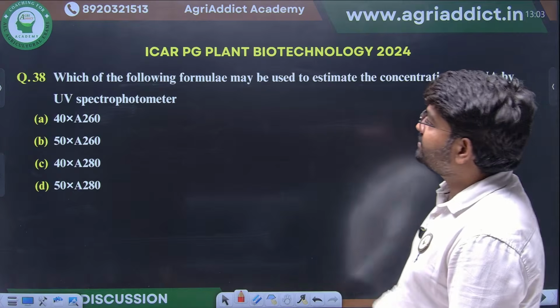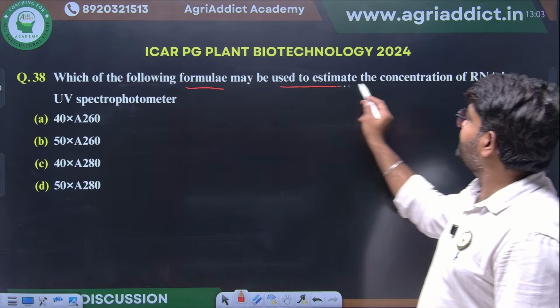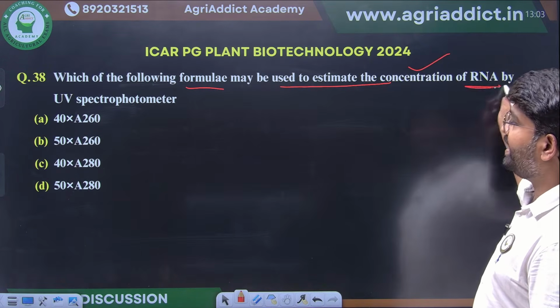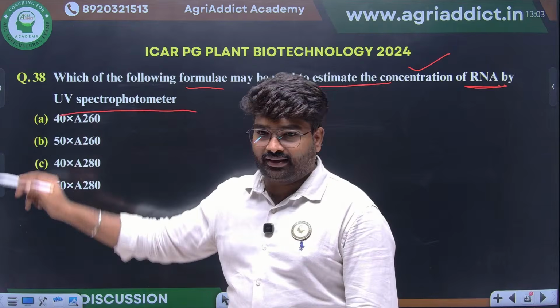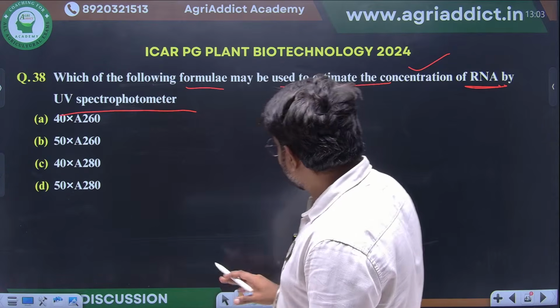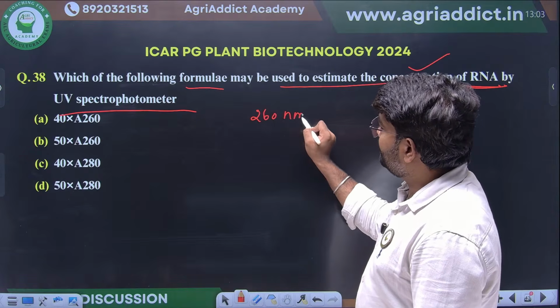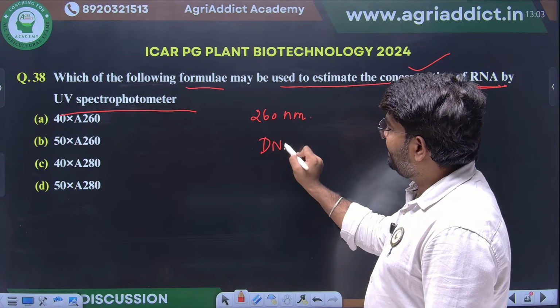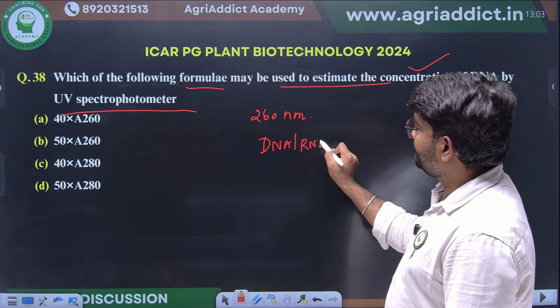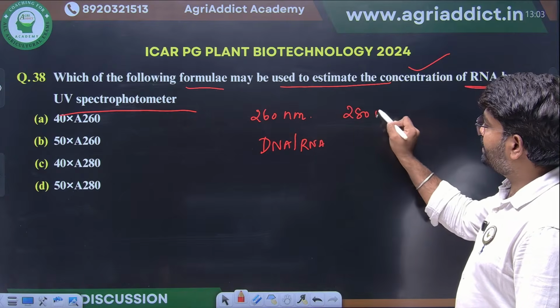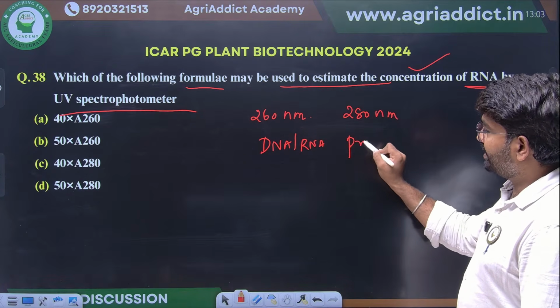Which of the following formula may be used to estimate the concentration of RNA by UV spectrophotometer? We know 260 nanometer is used for estimating DNA or RNA content. 280 is for protein content.